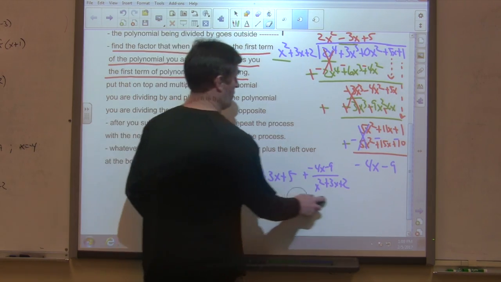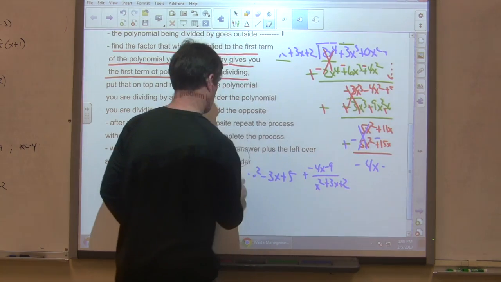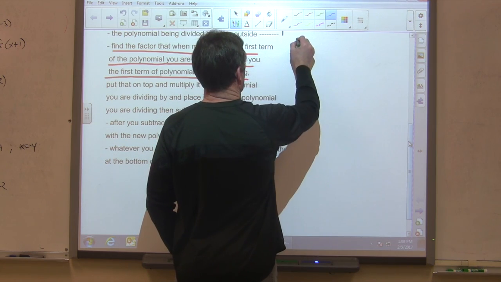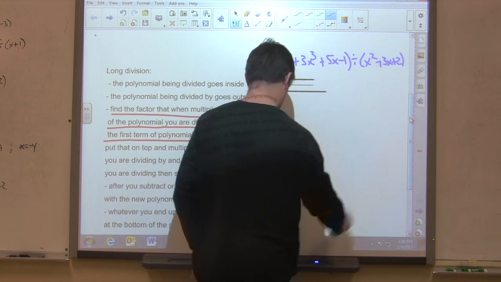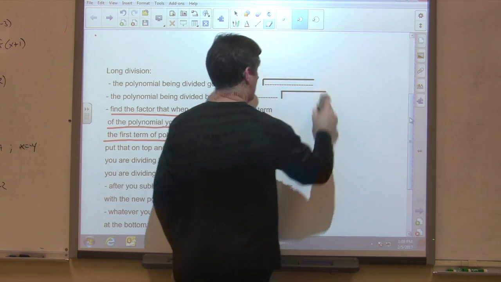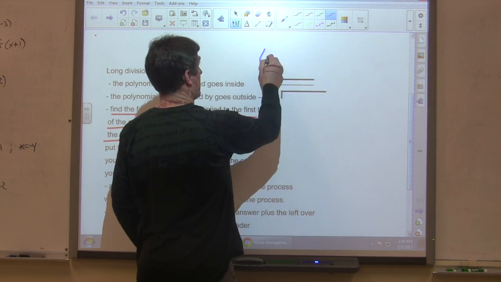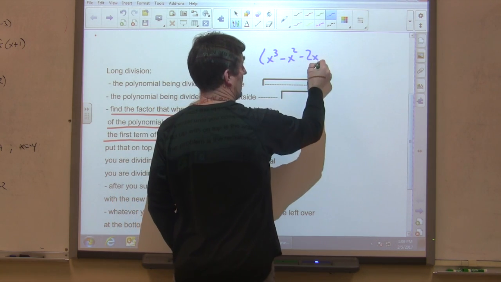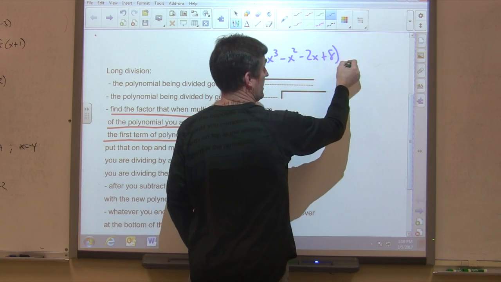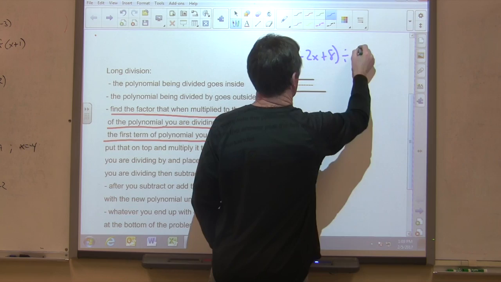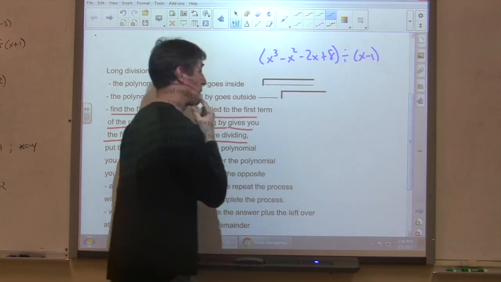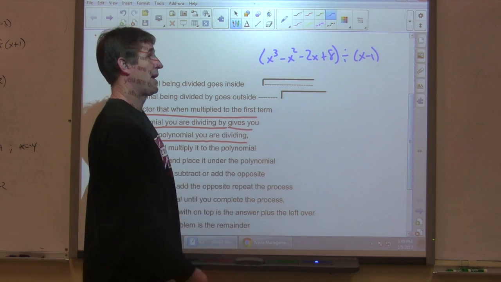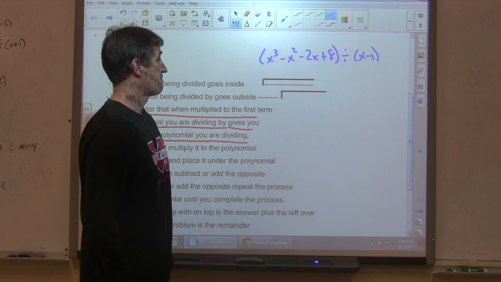So now what I'd like you to do is to try this one: x cubed minus x squared minus 2x plus 8 divided by x minus 1. So if you're watching the video, pause it, try it, and then come back and I'll take you through how to do this.